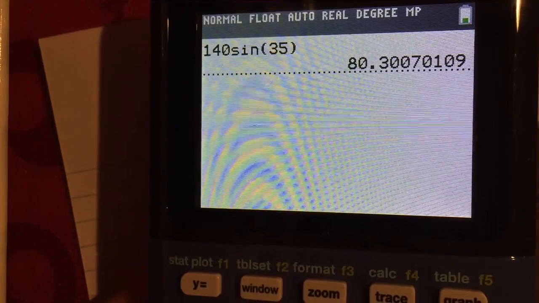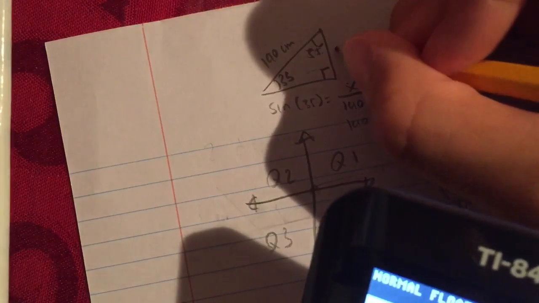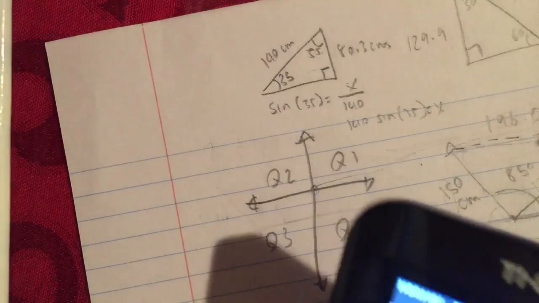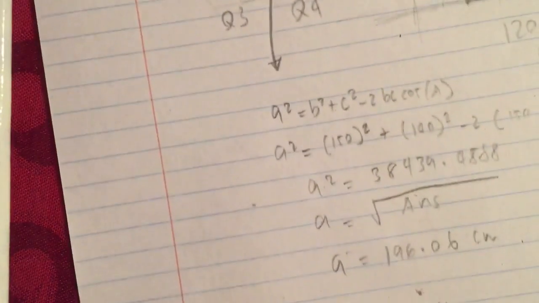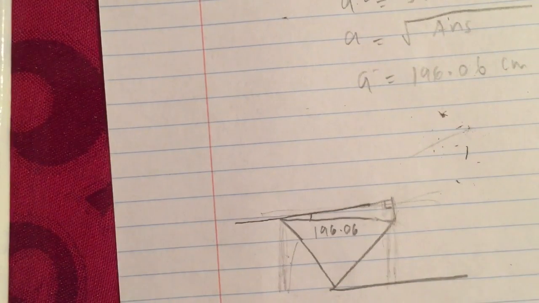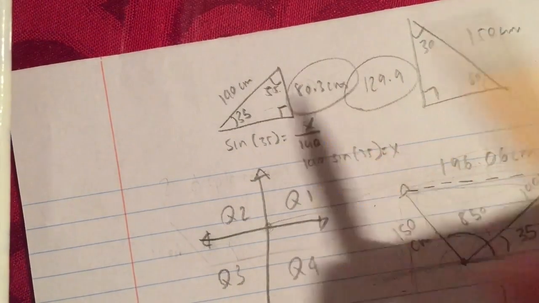So that would be 80. So this side would be 80.3 cm. So now that we have this height, we can go back to this diagram.